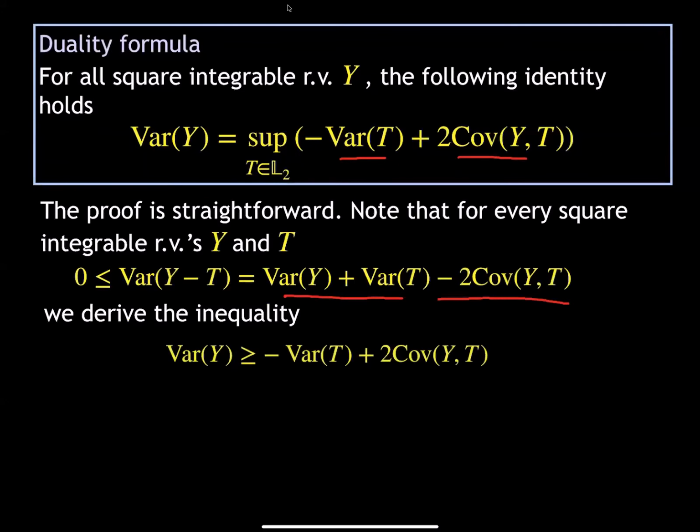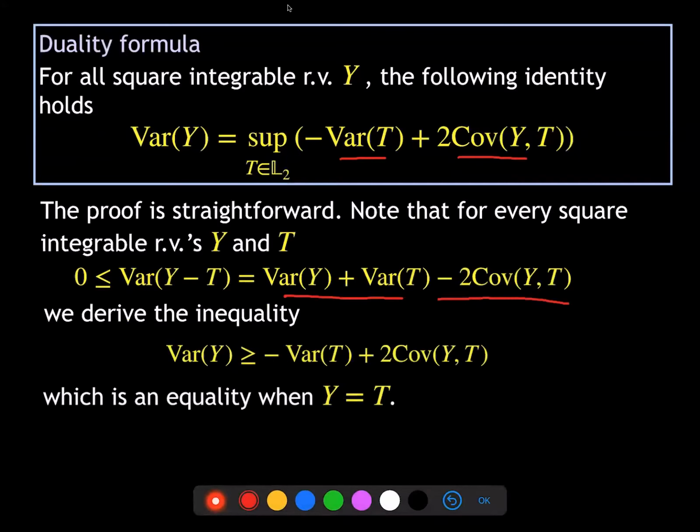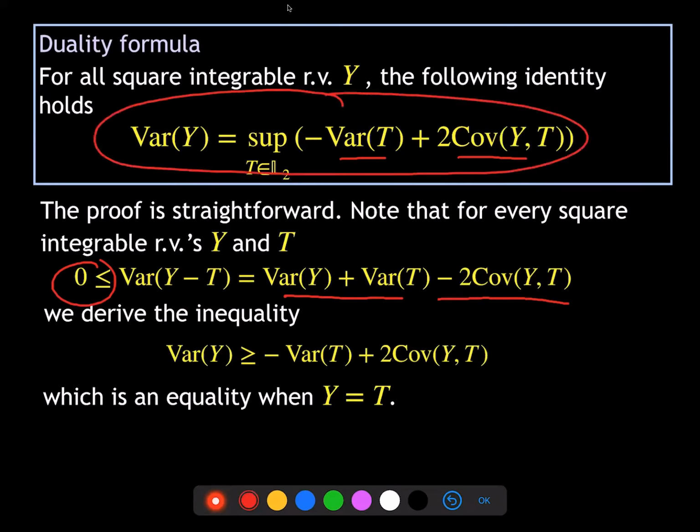And since this variance, of course, is non-negative, this implies that the variance of y is larger than minus variance of t plus 2 times the covariance. And you have an equality when y is equal to t. So this proves that this identity here is true. So this is the duality formula.